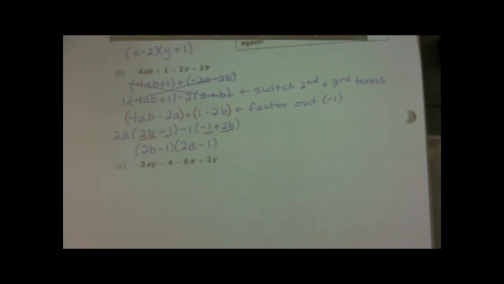All right, let's go to this third example here. And again, first thing I'm going to do, draw my parentheses. So 3xy minus 4 plus, put the negative inside the second parentheses, negative 6x plus 2y.